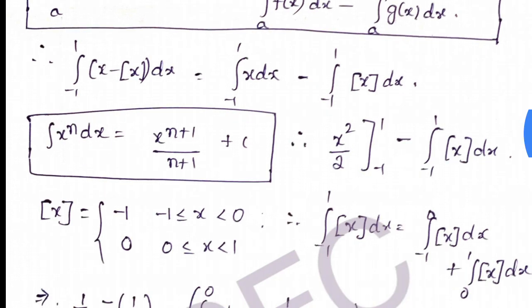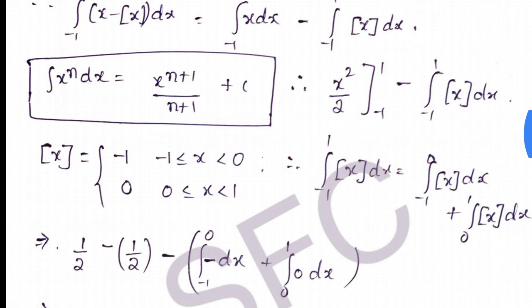Now here we are given the limits minus 1 to 1. If you see the behavior of the greatest integer function in the limits minus 1 to 1, from 0 to minus 1, that means when x is less than 0 and greater than or equal to minus 1, in this case step x equals minus 1.